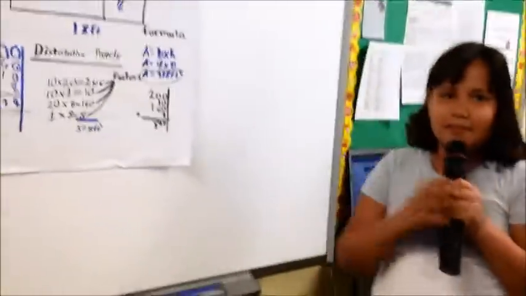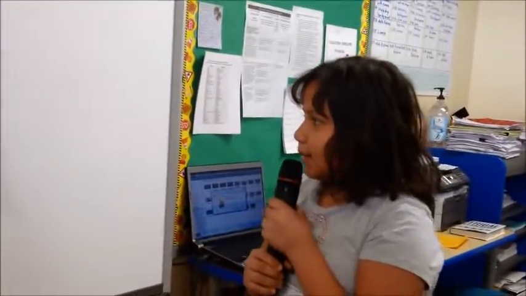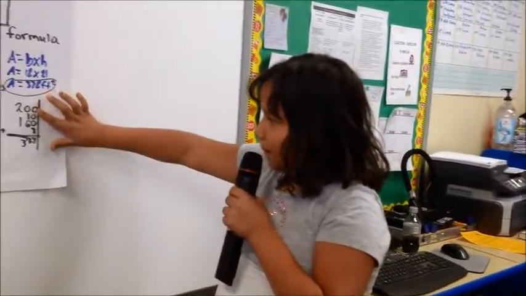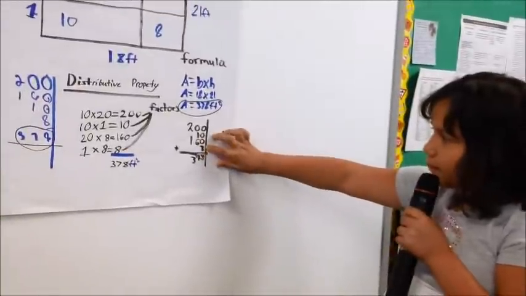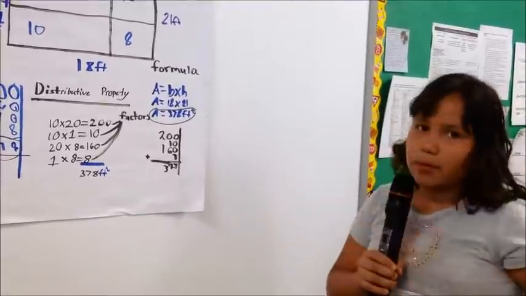Can any of you tell us why we use a line? Because it's important to line them up, because if you put the 10 right here, it will be wrong.